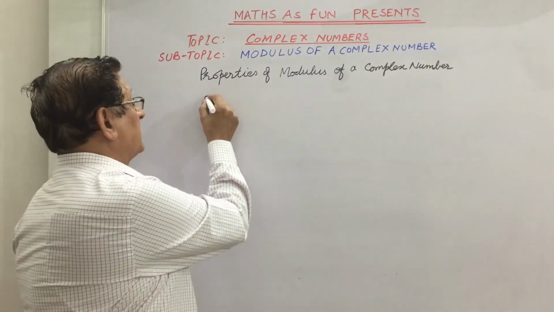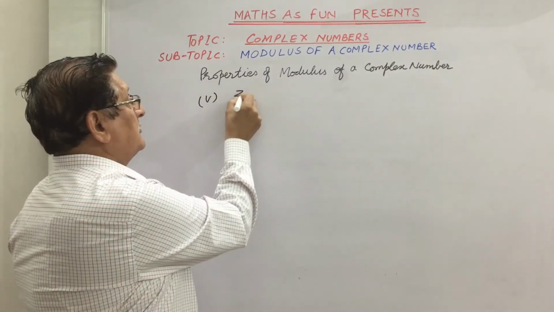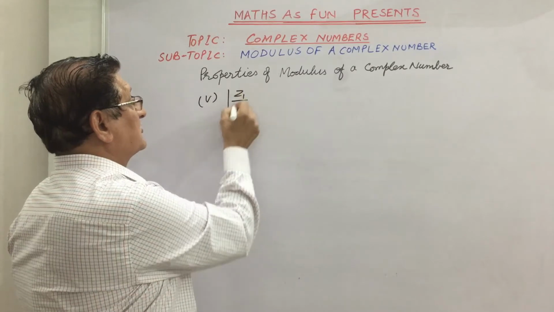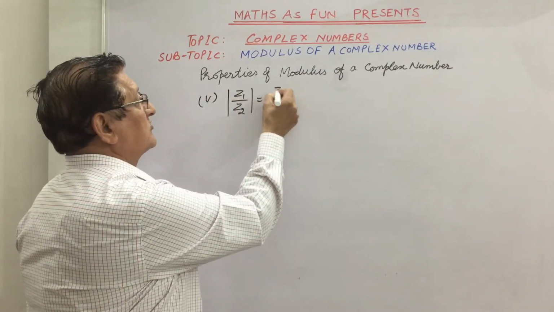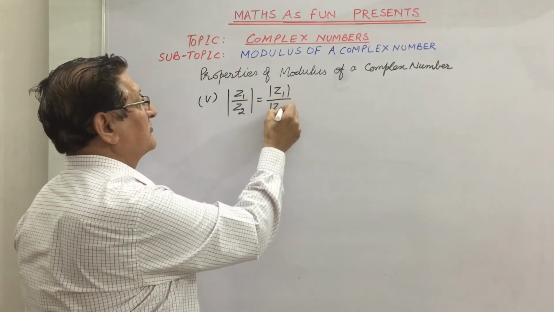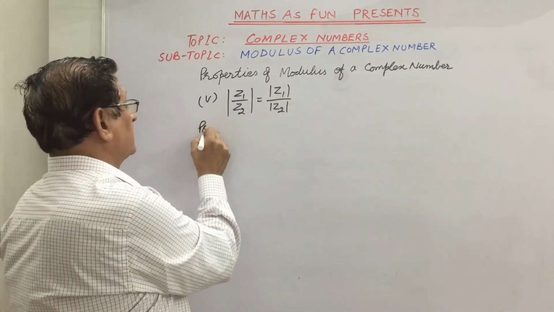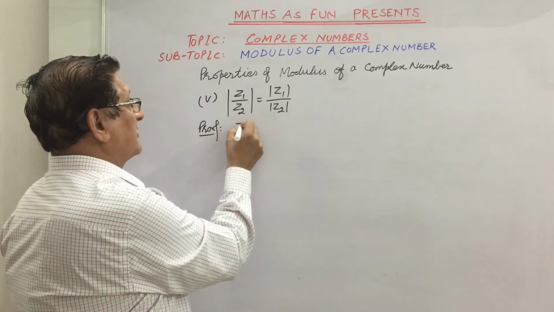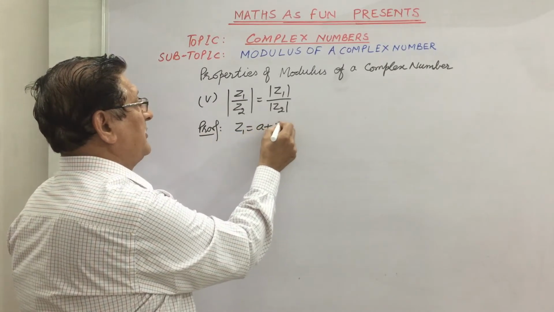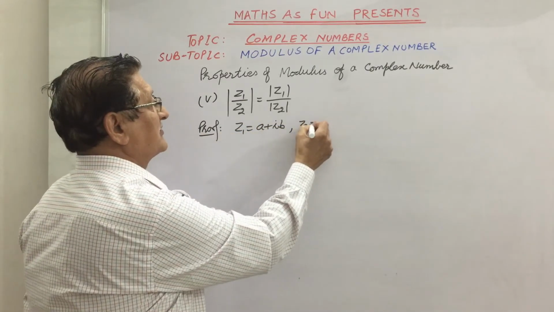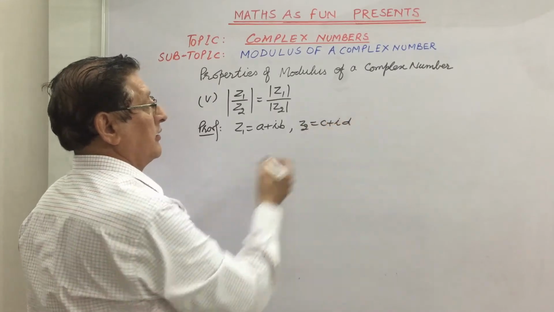The fifth property is modulus of z1 upon z2 is equal to modulus of z1 upon modulus of z2. For the proof of it, again we take z1 as a plus iota b, a complex number, and z2 as c plus iota d.